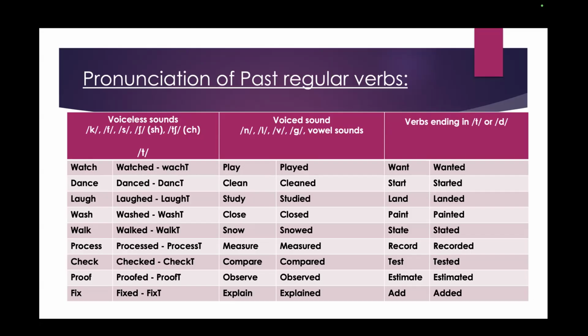We now know that a regular verb can be converted into the past by adding an ed at the end of the verb, but they sound different in this case. In this case, they sound like a T. So if we are pronouncing the verb watch in the past or the past participle, we say watched. Danced, laughed, washed, walked, processed, checked, proofed, and fixed.